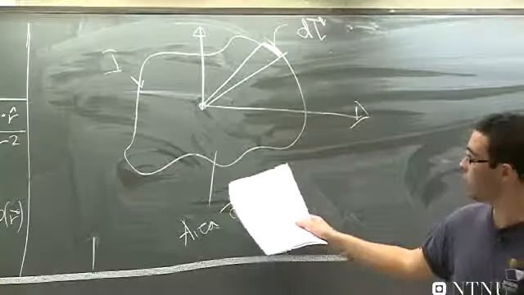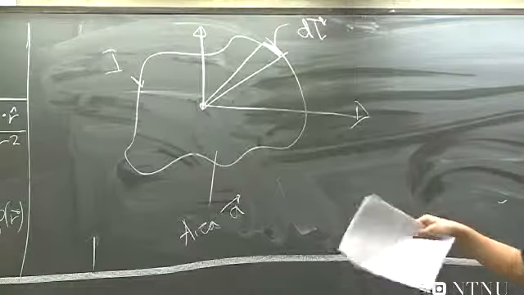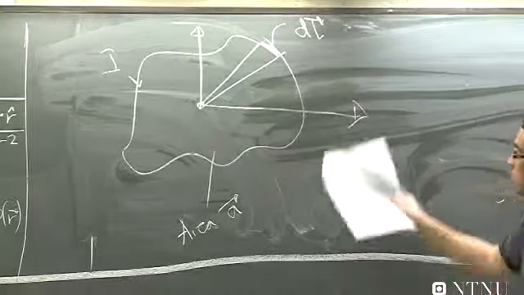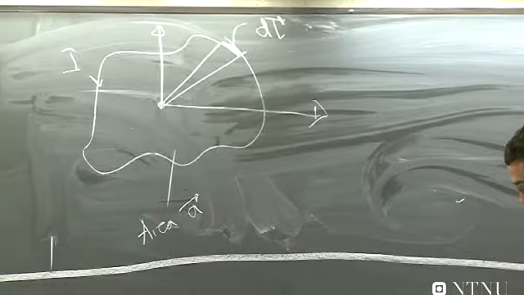It has an area A. There's a current I running through the loop of wire, and I'm going to integrate. So I'm going to show you that in a second.